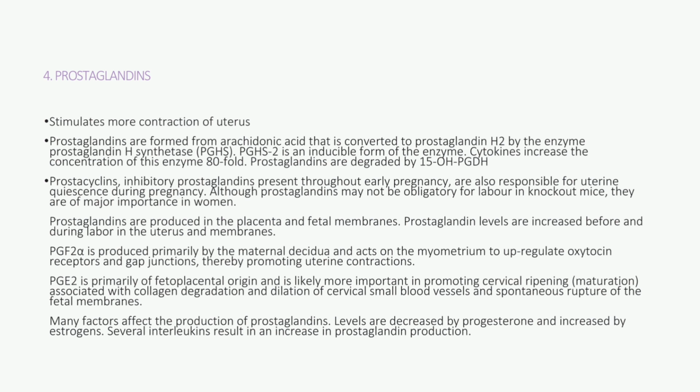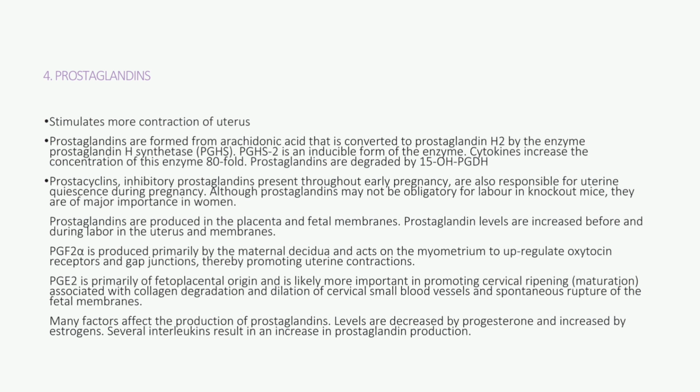Then prostacyclins are the inhibitory prostaglandins present throughout early pregnancy and are also responsible for uterine quiescence during pregnancy. Although prostaglandins may not be obligatory for labor in knockout mice, they are of major importance in women. These prostaglandins are produced in the placenta and fetal membranes.